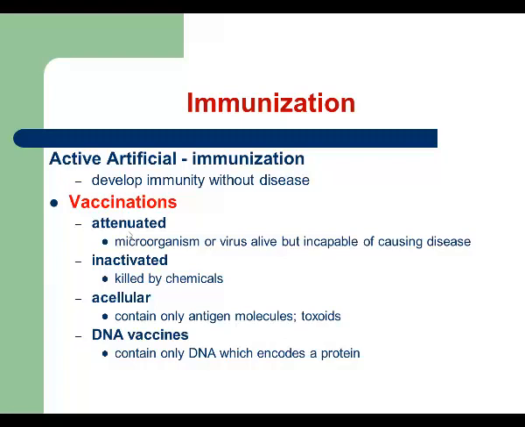And the last type, we call them DNA vaccines. DNA vaccines are the latest one, the newest one, and the best ones. The reason why they're the best ones is because they do not cause allergic reactions. Why? Because to make those types of vaccines, we take just a piece of DNA that encodes a certain protein.